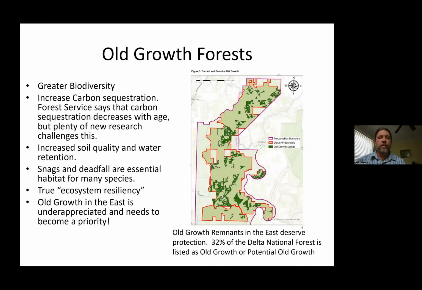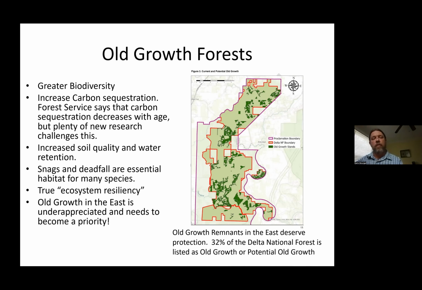Old growth forests, it goes without saying, are so important because not only do they promote maximum biodiversity, we're learning that they increase carbon sequestration. We're learning that a lot of the carbon sequestration of forests is in the ground, in the root structure and the mycorrhizal networks that old growth forests maximize.